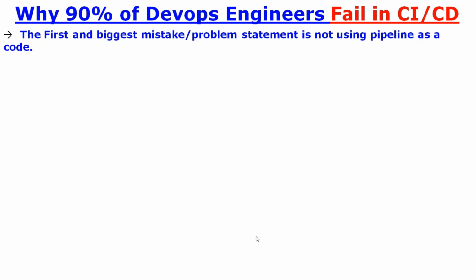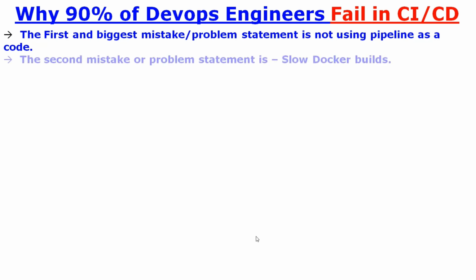The second problem statement is slow Docker image builds. I have seen so many engineers build Docker images from scratch every single time. That wastes time and bandwidth. The solution is simple: instead of starting from scratch, use multi-stage builds and Docker caching.